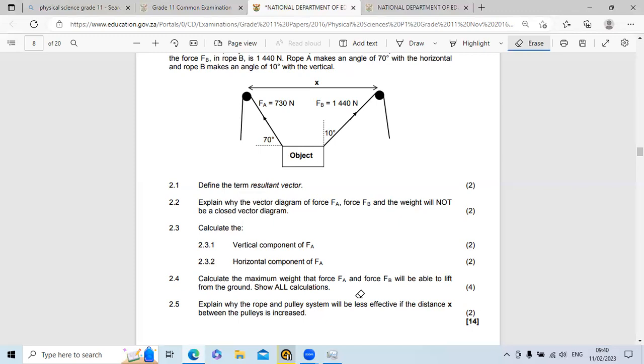I'm also going to try it on my side and see. 2.4.